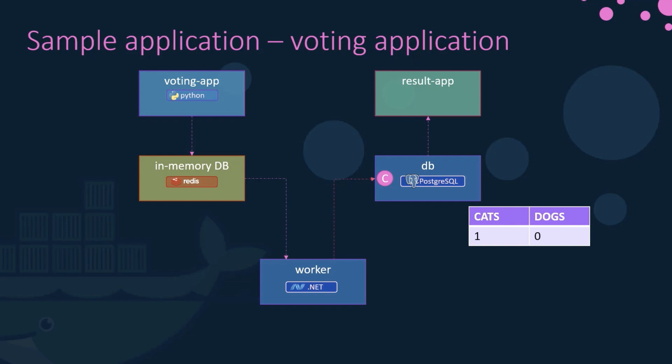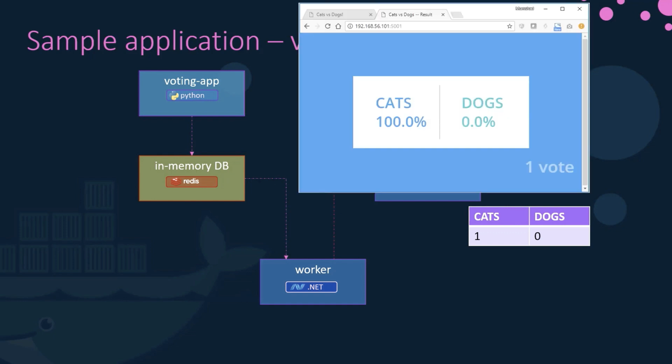Finally, the result of the vote is displayed in a web interface, which is another web application developed in Node.js. This resulting application reads the count of votes from the PostgreSQL database and displays it to the user.